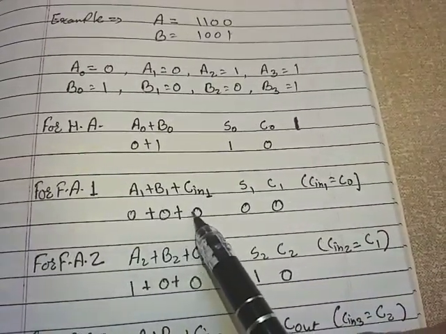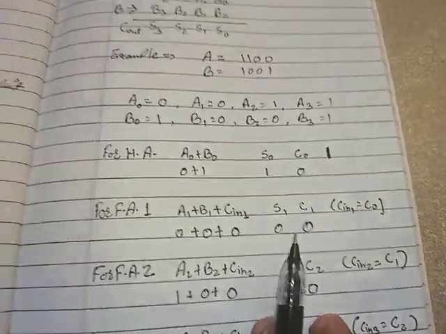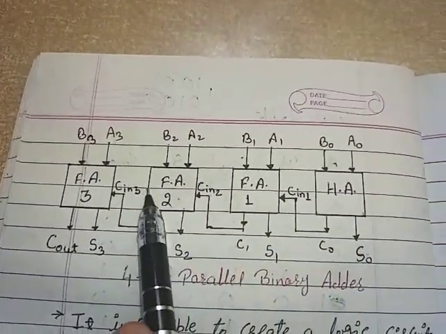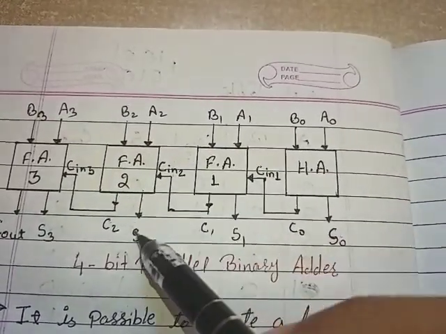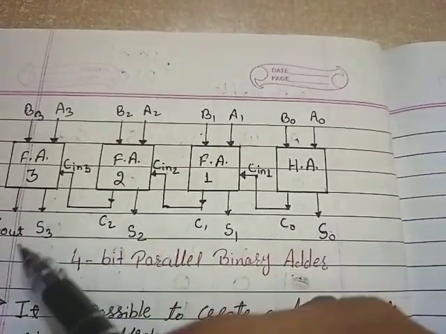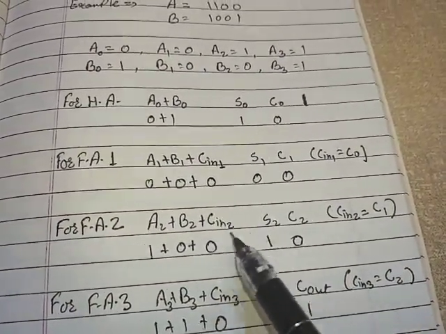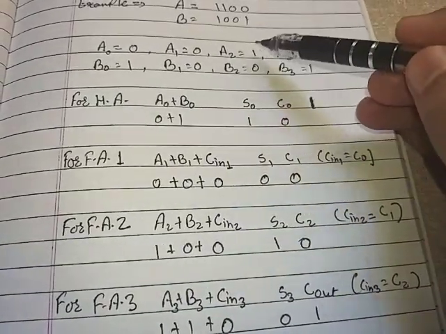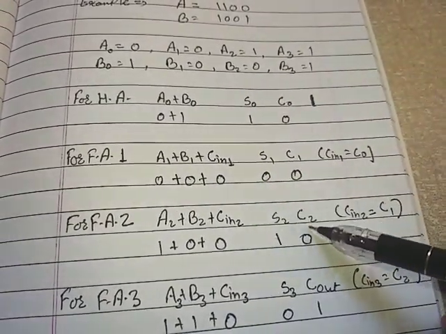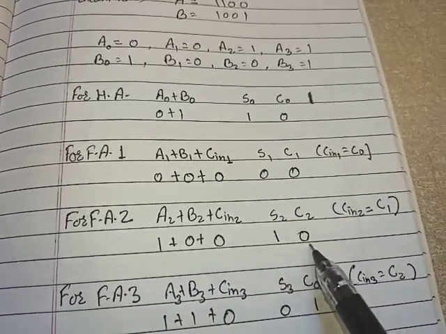So 0 plus 0 plus 0, sum is equal to 0, carry is equal to 0. For the second full adder, inputs are A2, B2, C in 2, outputs are S2 and C2. So A2 plus B2 plus C1. A2 is 1, B2 is 0 and C1 is 0. So 1 plus 0 plus 0, sum is 1, carry is 0.